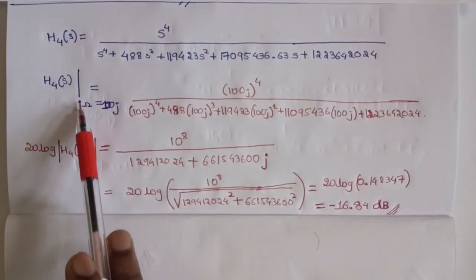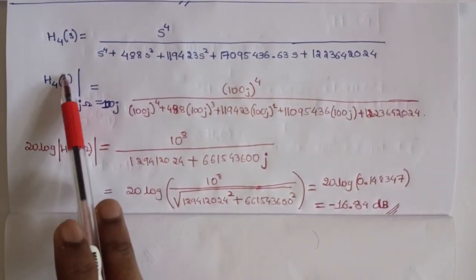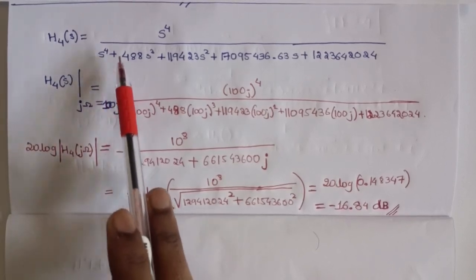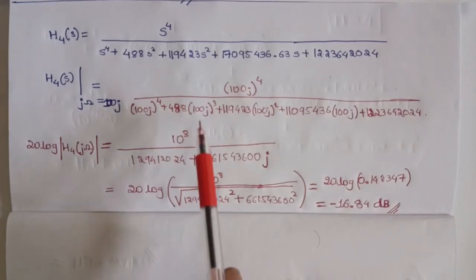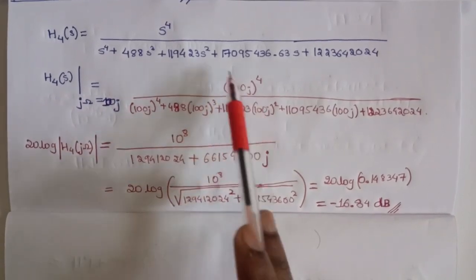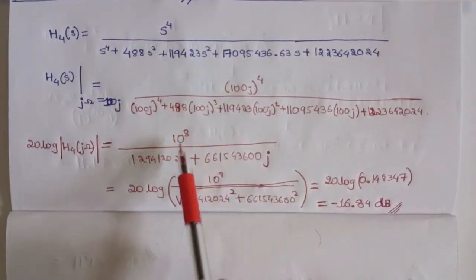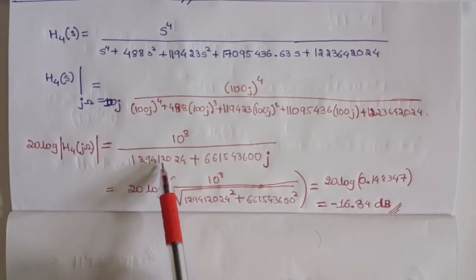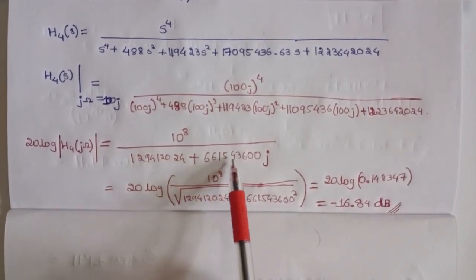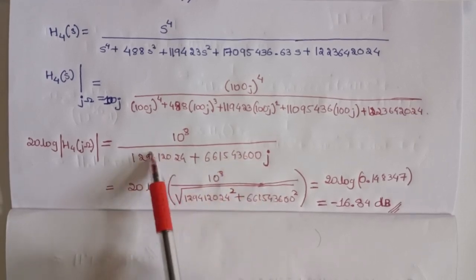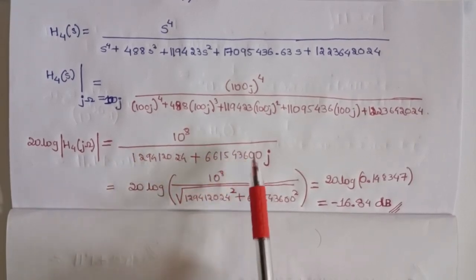H4 of s at j omega: we are doing this since we have to evaluate the transfer function at j omega, where omega is 100 radian per second. Substituting 100j in place of s, we get 10 raised to 8 divided by 129412022024 plus 6615436000j, where this is the real part and this is the imaginary part.